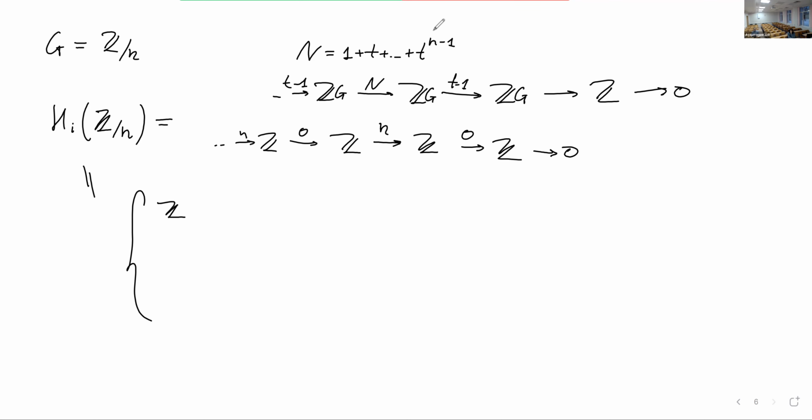We have Z for i equal to 0, and Z/n for odd i, and 0 for even i greater than or equal to 2.